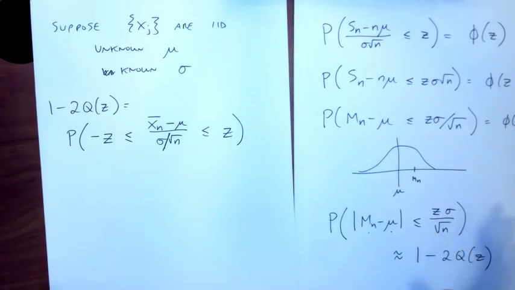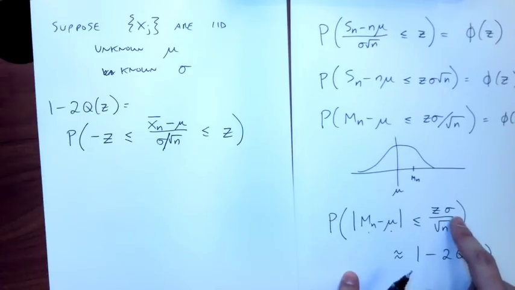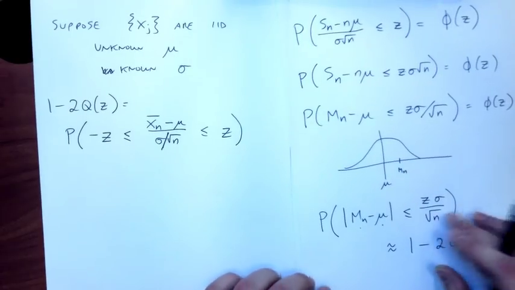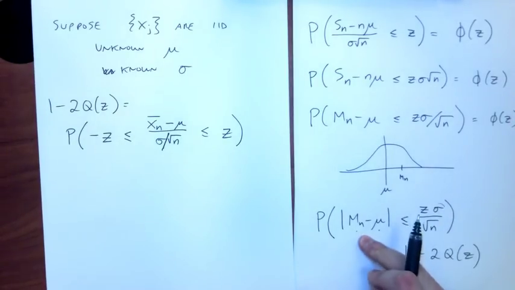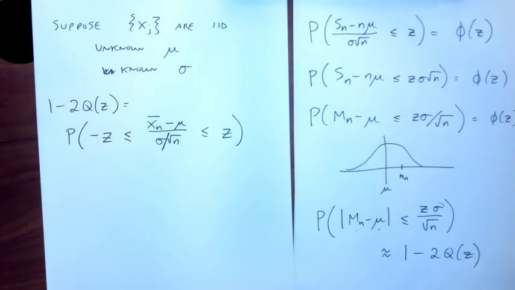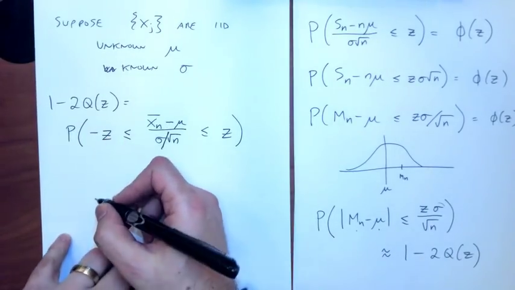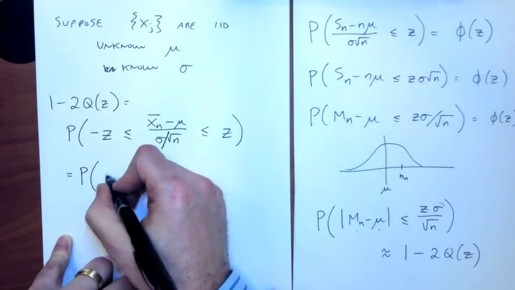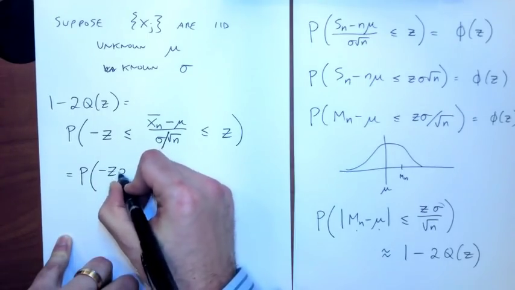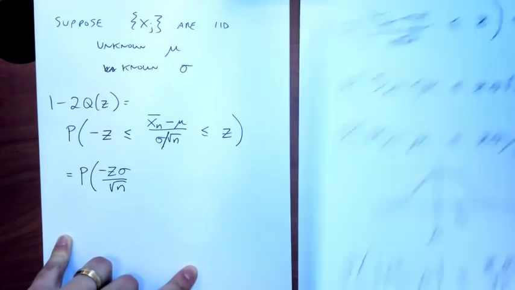Let's all just first agree that this is true, right? All I'm doing here is I'm taking this final equation and dividing through by sigma over square root of n. So all I'm doing is moving this part over to the denominator. I'm happy with that now. Okay, and now I'm going to make this a little bit more clean. This is the same z sigma square root of n that we always have.